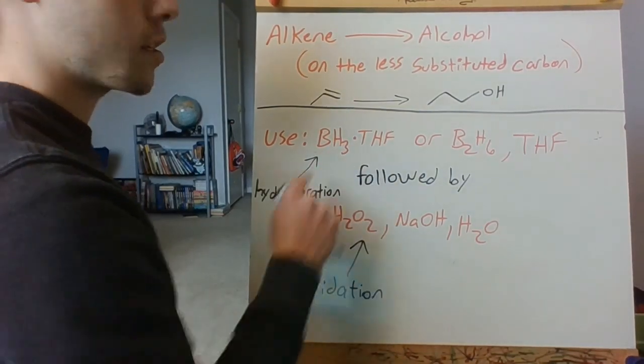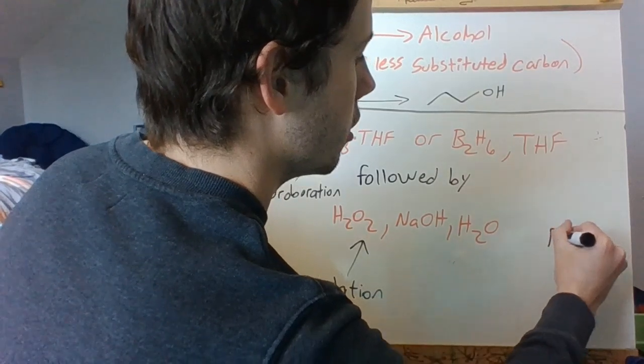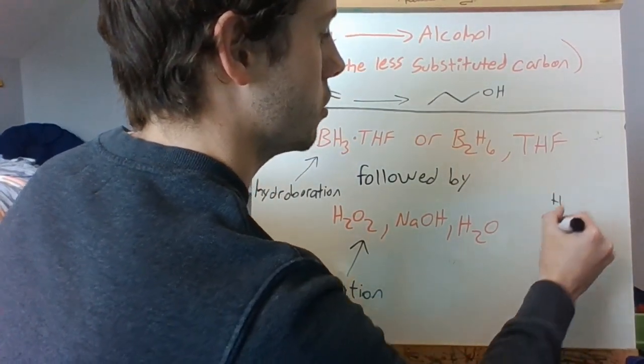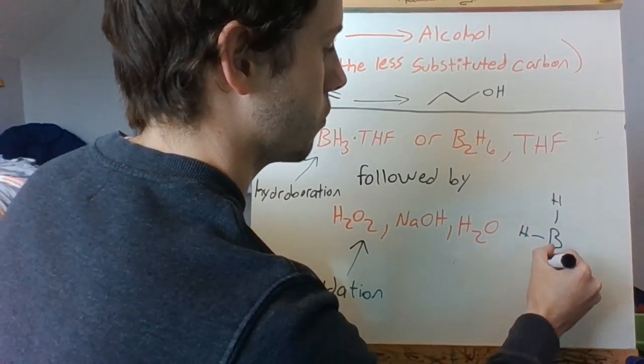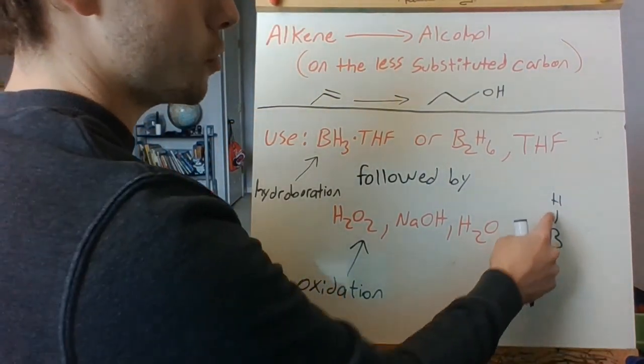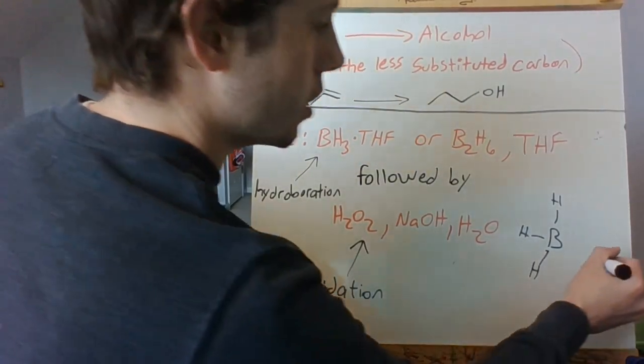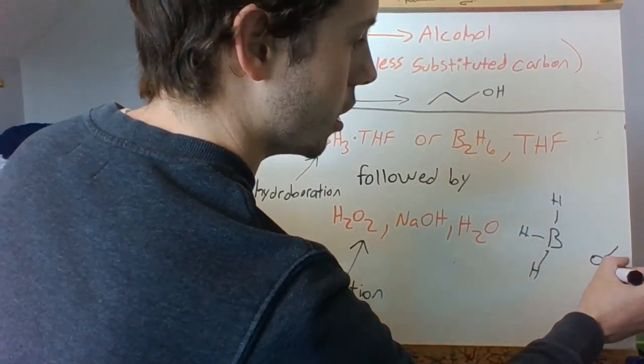So if I draw this complex out that I'm talking about, so boron here is attached to 3 hydrogens. And so notice that it does not have its octet filled. It only has 2, 4, 6 valence electrons. So it actually coordinates to the oxygen in THF.